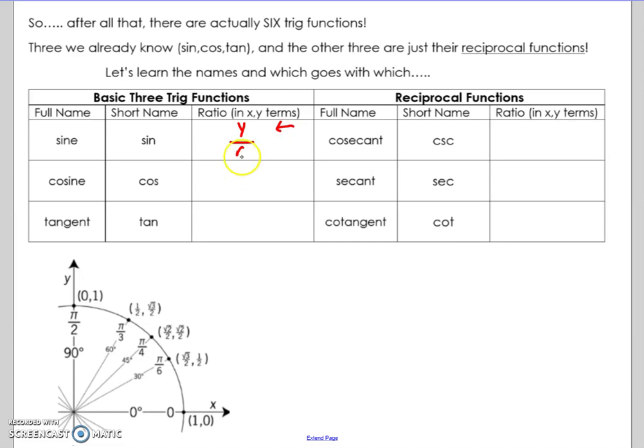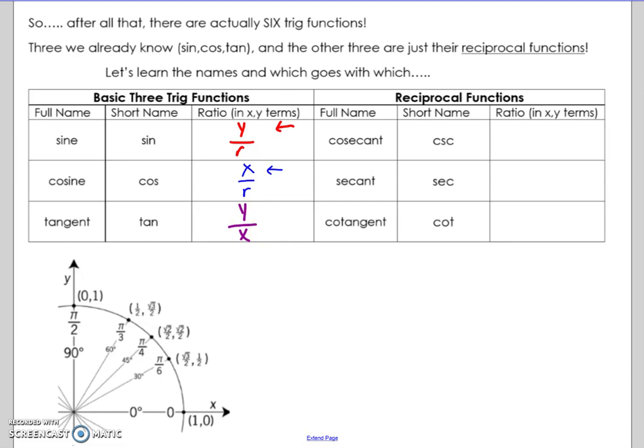Cosine is x over r, but again in the unit circle we focused on just the x values. Tangent was y over x, and unfortunately it was always fractions, so we kind of got to memorize some of them.